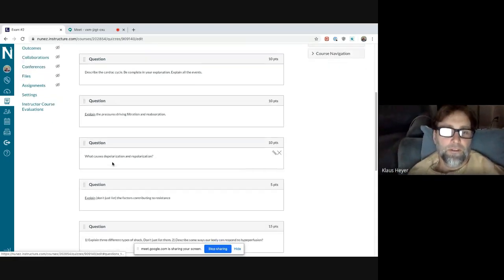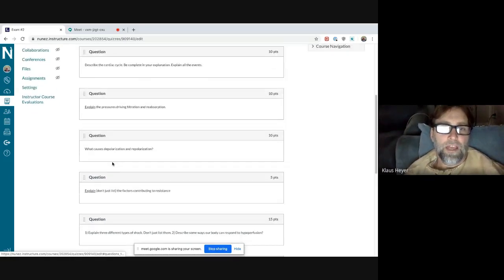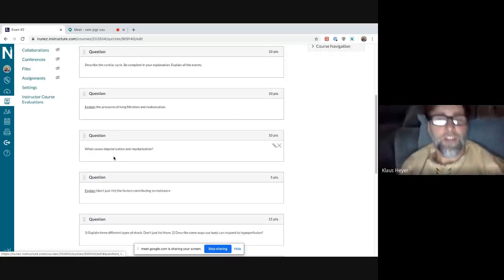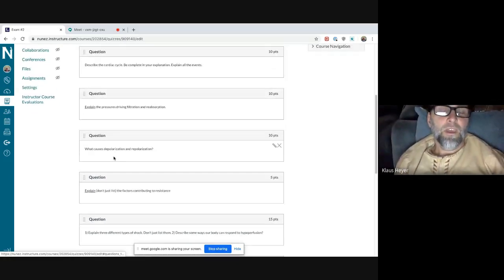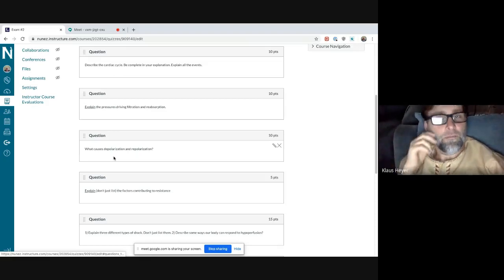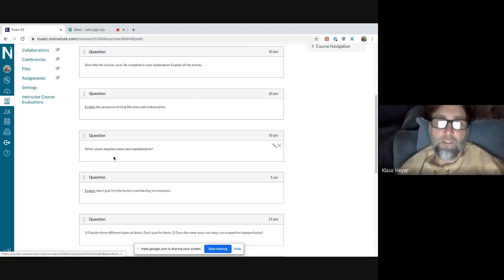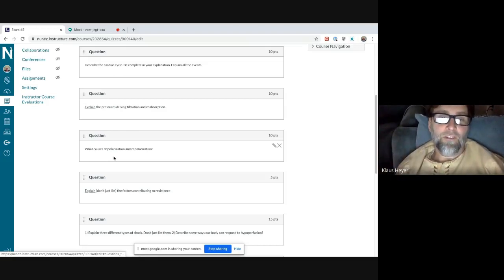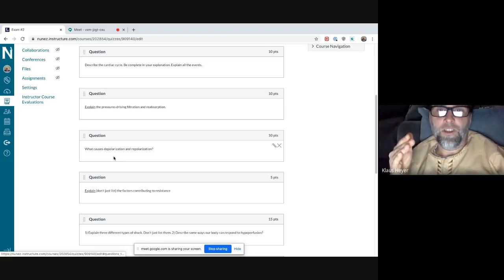And then, what causes depolarization and repolarization? That was the sodium. Sodium rushing in causes depolarization. You didn't have to talk about calcium because the question is what causes depolarization and repolarization. So sodium rushes in, potassium rushes out of the cell. That causes repolarization.